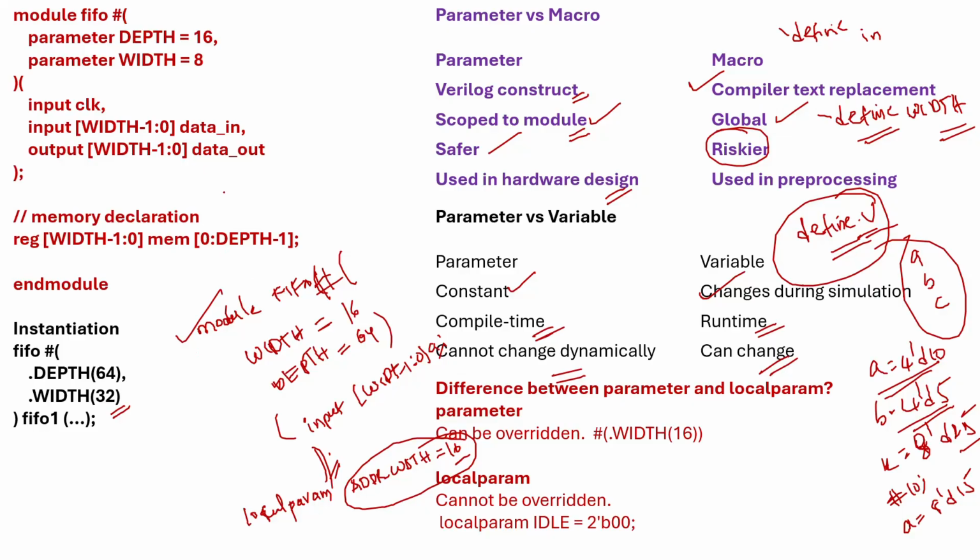Suppose I am utilizing this FIFO in my memory controller. I take some memory controller module with some inputs and outputs. After my module ends, I instantiate the FIFO module in my memory controller.